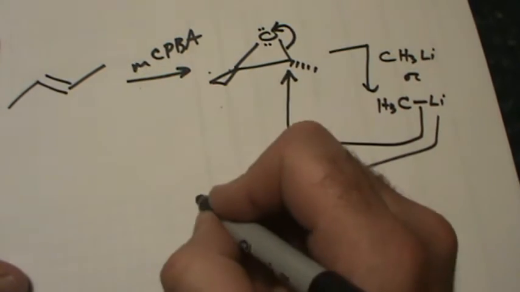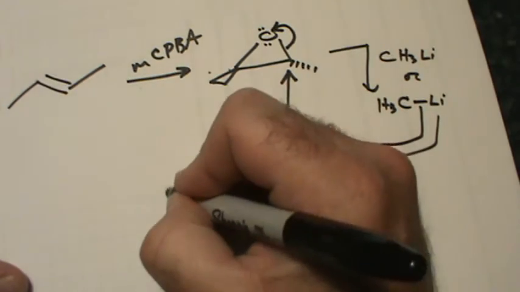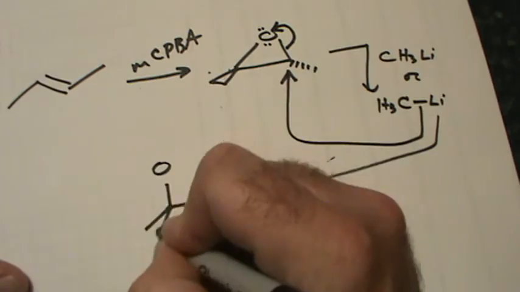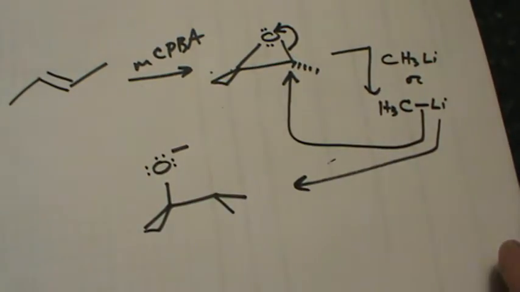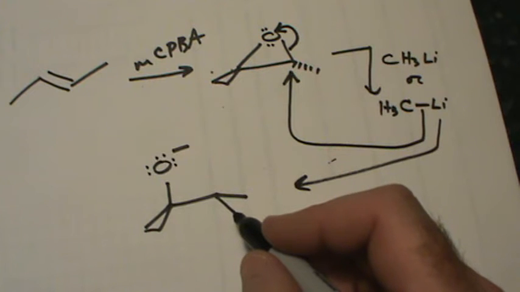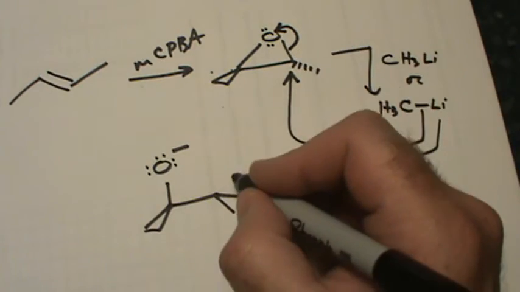Now I would have two methyl groups attached at this carbon. There was, of course, a hydrogen that was there, and it's still there.